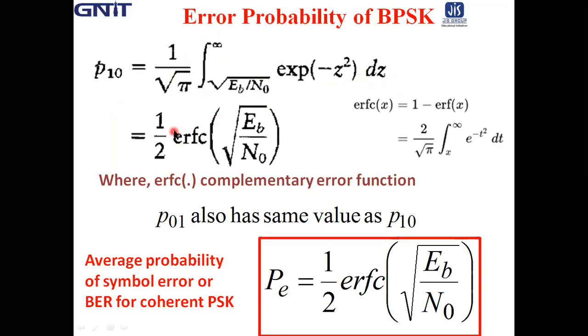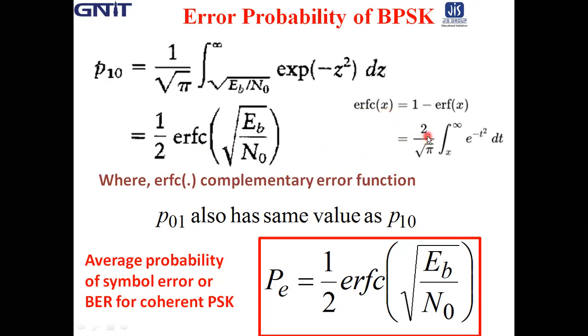That now becomes half erfc square root of Eb by N0. Here erfc means the complementary error function.